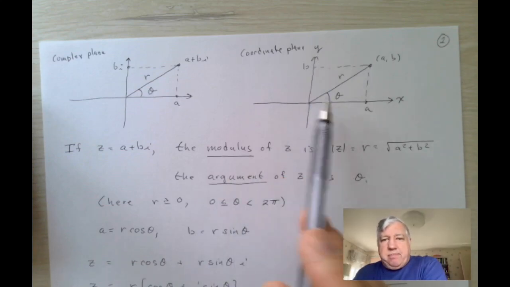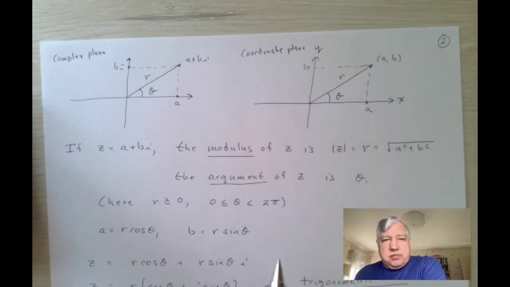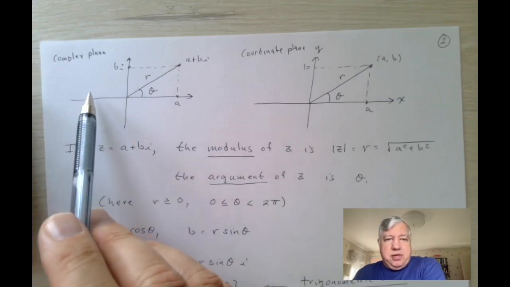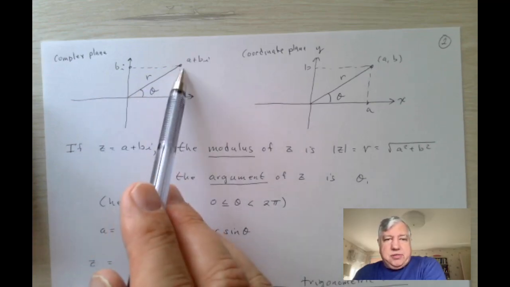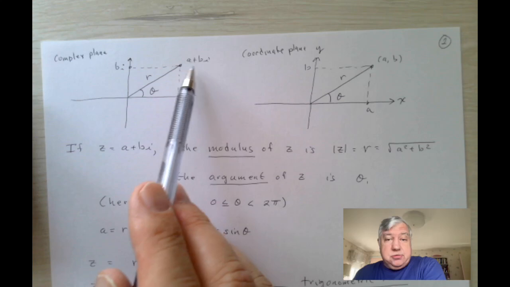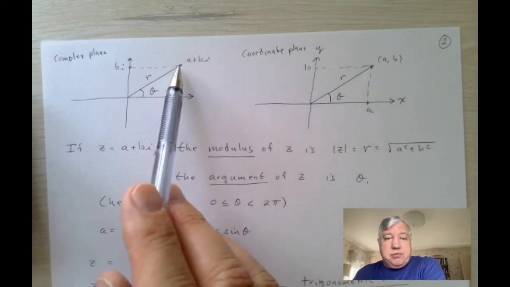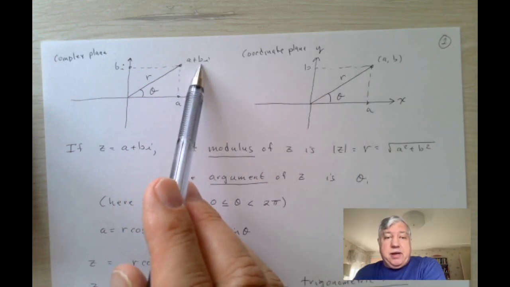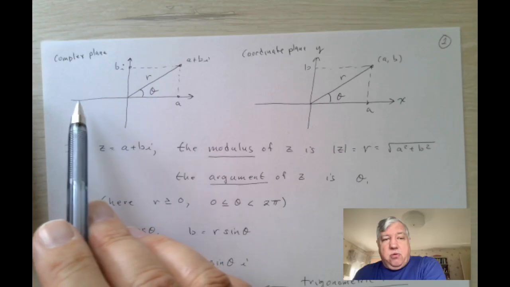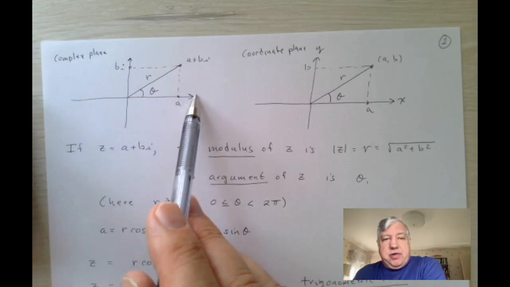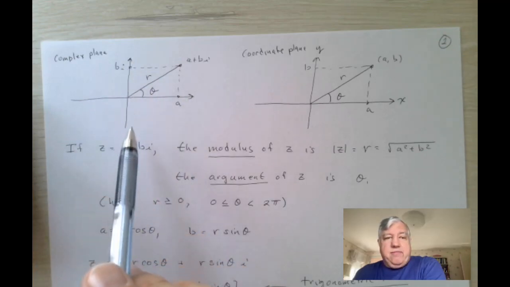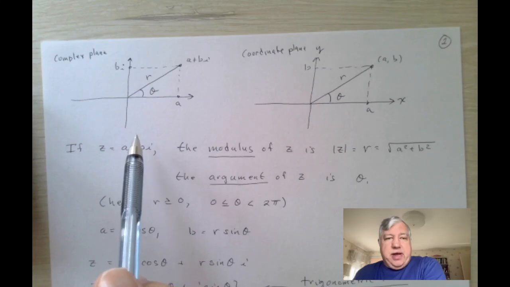And the points have coordinates. In the complex plane, the points are actually complex numbers. So the point (a, b) is now replaced with the complex number a plus bi. The x-axis is now the real axis, and the vertical axis is the imaginary axis.